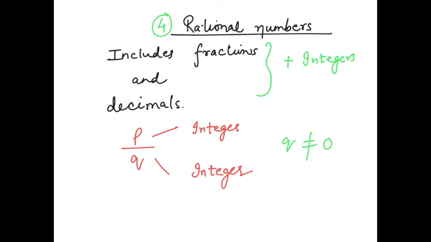So let's learn about it. When you have anything in fraction p over q, it means p is an integer, q is an integer, but remember, q cannot be zero. If in the fraction q is zero, the answer would be undefined. So that type of number won't be included in rational numbers.